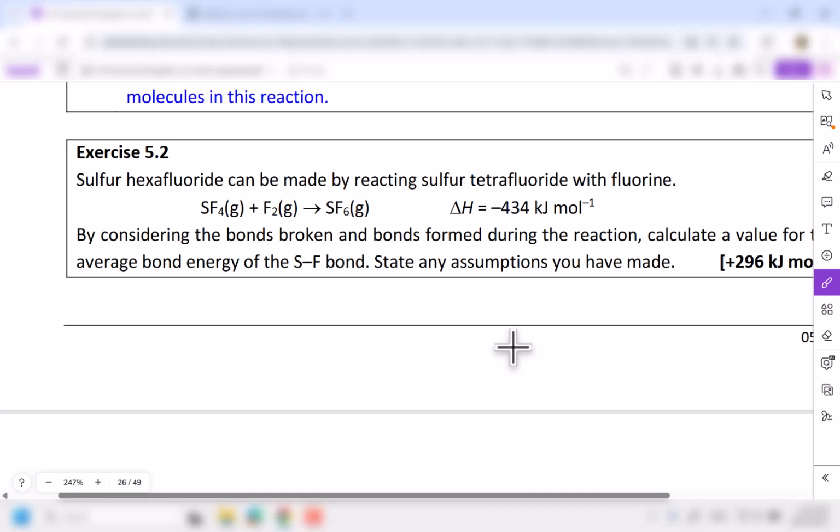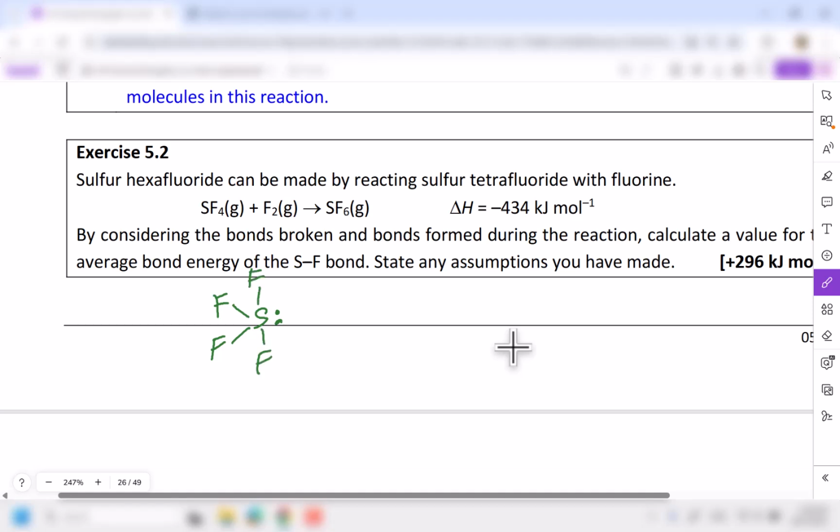So I will attempt to draw SF4. Sulfur is in group 16, so it has 6 valence electrons, 4 of which are utilized to form single bonds with fluorine. So you're left with 2, and that will be the lone pair. So with that, then you can easily draw the structure of SF4 out. So it will take on a seesaw shape.